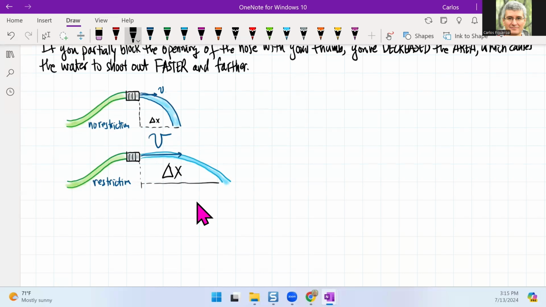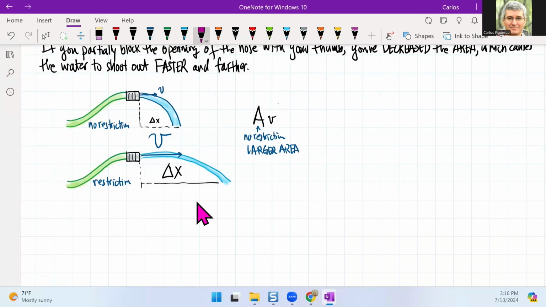So in this case, here's what we're seeing. According to the volume flow rate, in this case we have a large area and therefore a smaller speed. So this is telling us no restriction. If we have no restriction, that means it's a larger area.